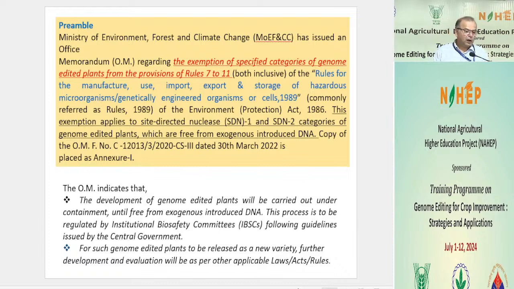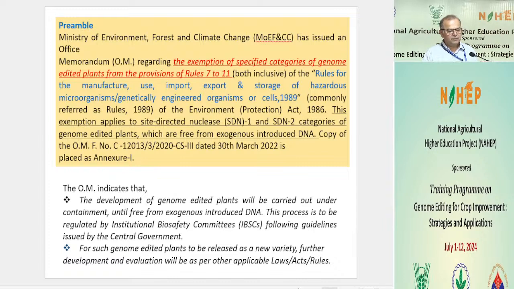Now, in this SOP, there is a clear definition of what it means to say SDN1, what it means to say SDN2. It is very important to understand what exactly SDN1 is, why it is exempted from rules 7 to 11, and what SDN2 is, why it is exempted from rules 7 to 11. Most importantly, once you know what SDN1 and SDN2 are, you see the last 2-3 lines.